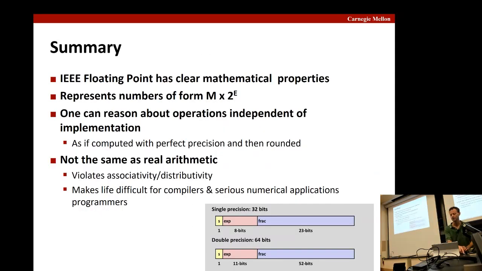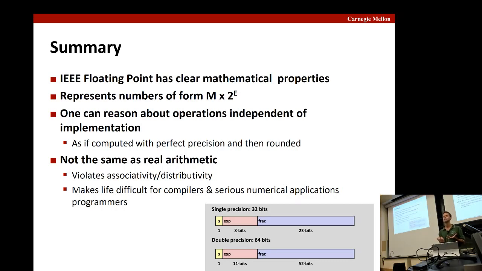Okay, good. So in summary, we have this IEEE floating point standard that is a real pain to implement in hardware. Exactly right. But the vendors were forced to do it, and they've done it. And so we have this standard that has very nice mathematical properties, well understood mathematical properties.